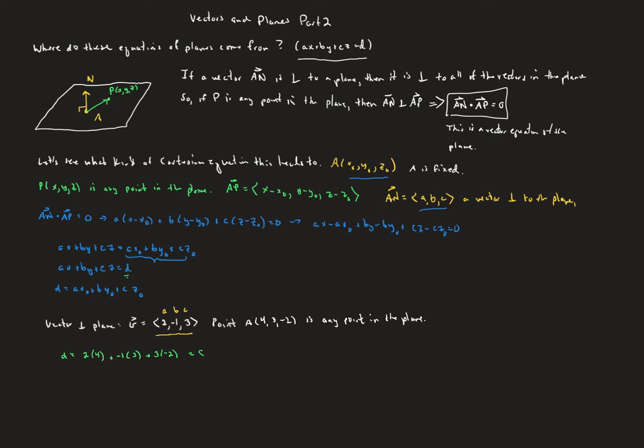That's going to be 8 minus 3 minus 6, so that's going to be negative 1. So that is our value of d.